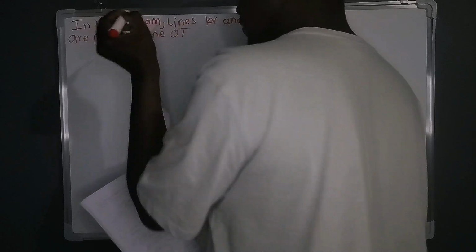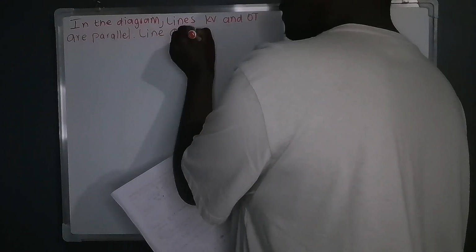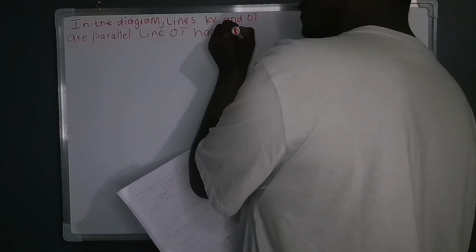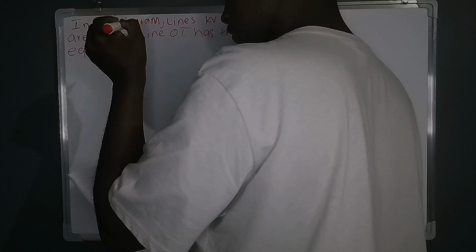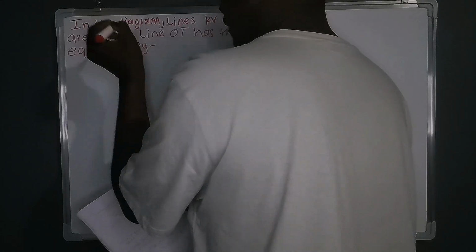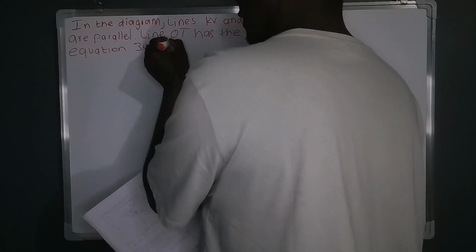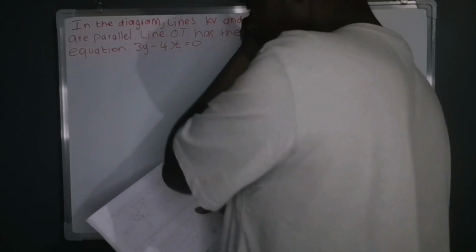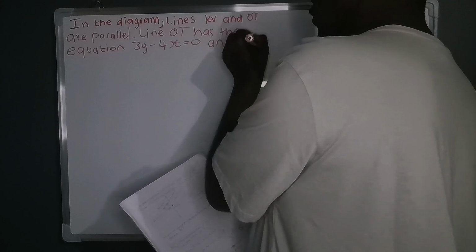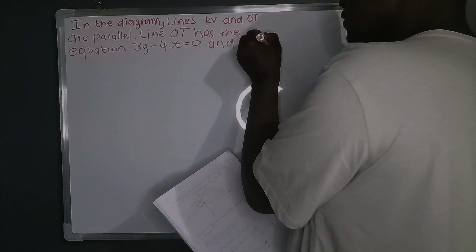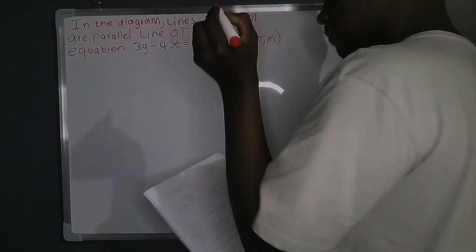Line OT has the equation 3y minus 4x equal to 0, and the coordinates of K are -2 and m.